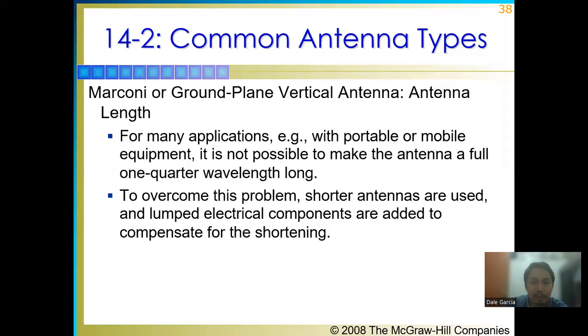Many applications, portable or mobile radio equipment. AM communications usually utilize the Marconi antenna. Those I mentioned earlier, in the previous meeting, about the antennas of AM radio stations. The radio booths are in the city, but their antennas are in rural areas.